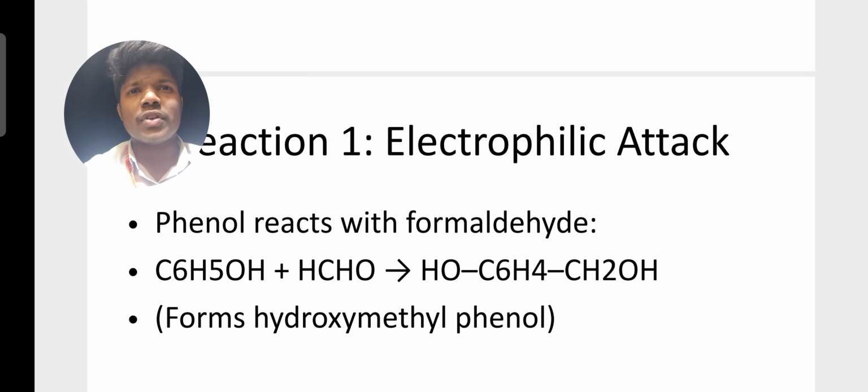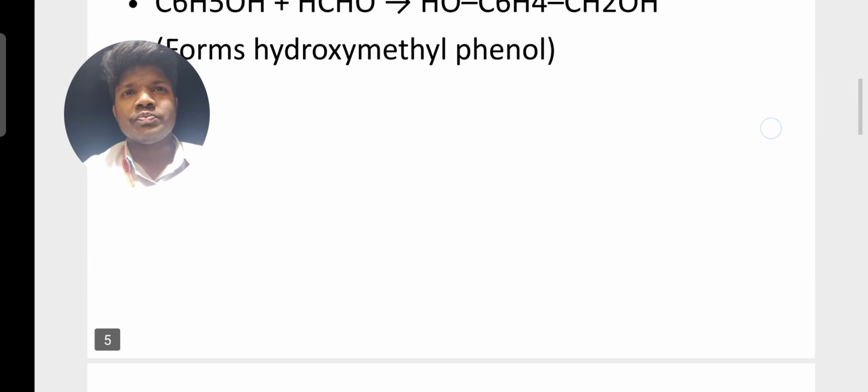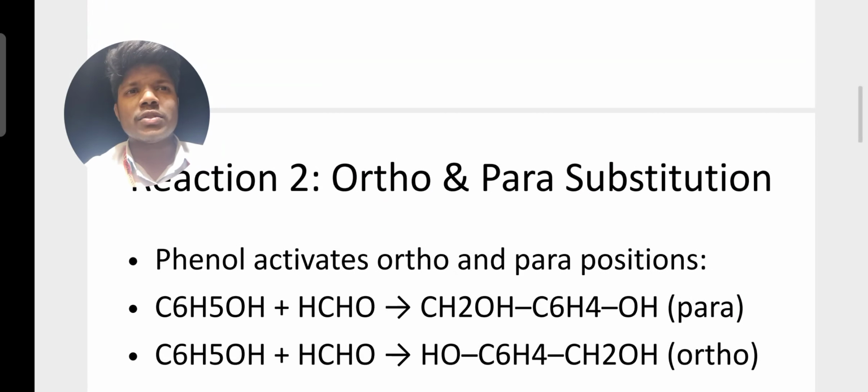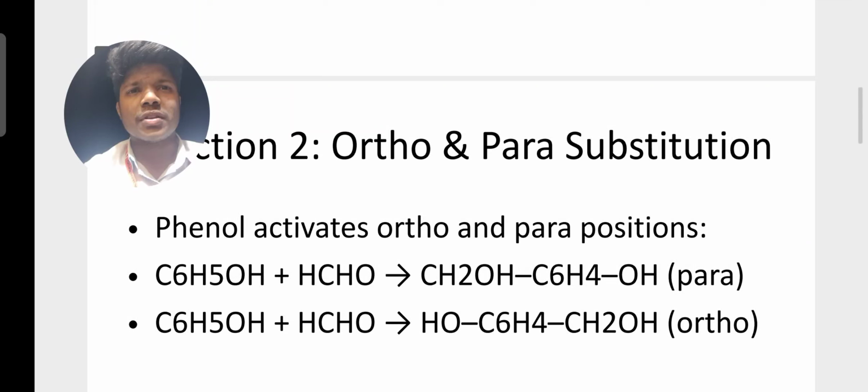Reaction, electrophilic attack. Phenol reacts with formaldehyde: C6H5OH plus HCHO gives C6H4 with a CH2OH group, which forms hydroxymethyl phenol. Reaction, ortho and para substitution. Phenol activates ortho and para substitutions.